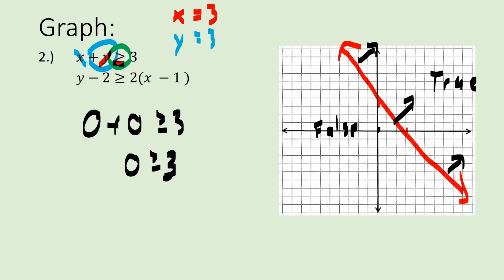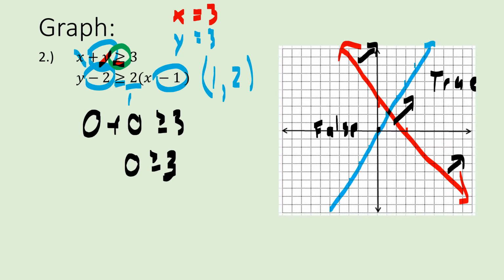Back to the bottom equation. Point-slope form, opposite, opposite. (1, 2) is our starting point. (1, 2) is right there. Slope is 2 over 1, up 2 over 1. It's solid, again, a solid line because of that or equal to sign. It looks like this.